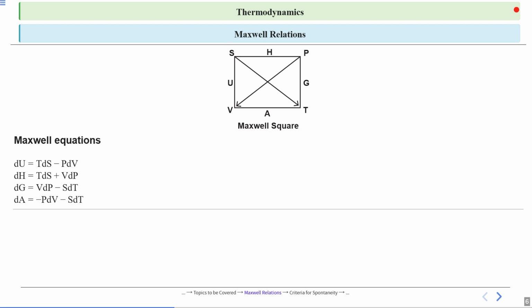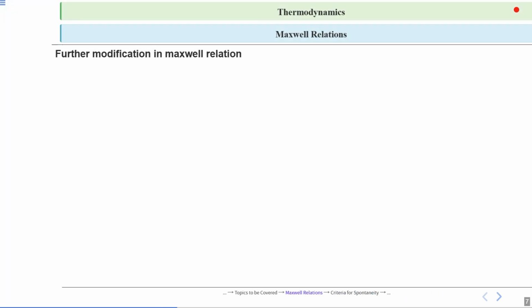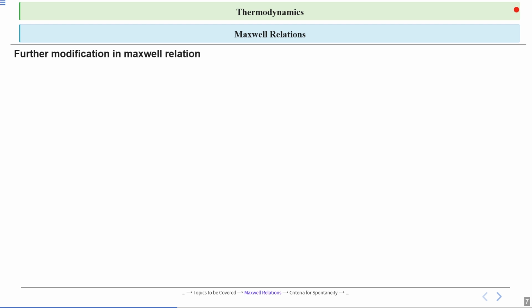Now we will just modify it a bit to get our new results. Those results are also very, very important. Let us look at that. If I talk about the first modification, we will do it upon dU. We have the equation dU equal to TdS minus PdV. What we do is we take the volume constant.